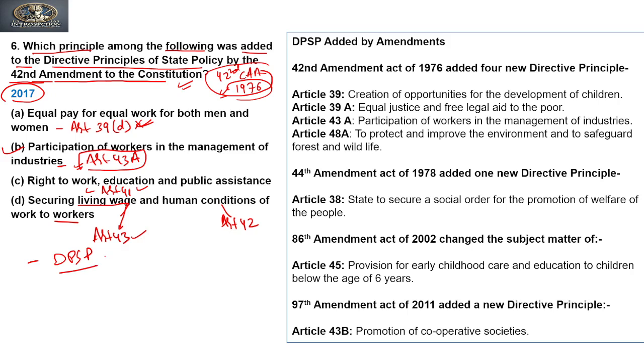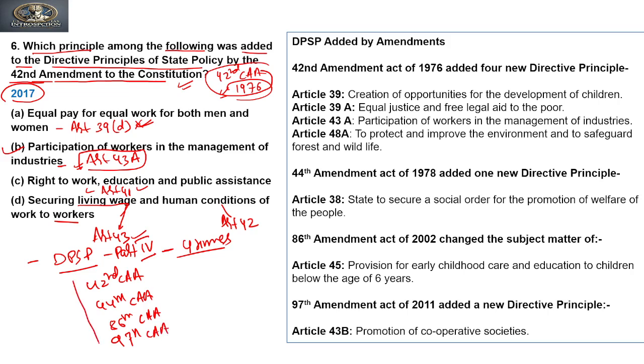Now if you see, the DPSP, Directive Principles of State Policy, that is Part 4 of the Constitution, was amended 4 times till now. The first was the 42nd Constitutional Amendment Act, second the 44th Constitutional Amendment Act, then the 86th Constitutional Amendment Act also has a bearing on the DPSP, and the last is the 97th Constitutional Amendment Act.